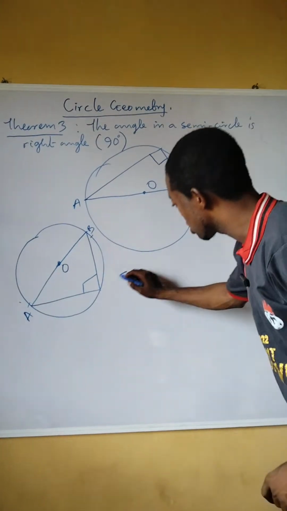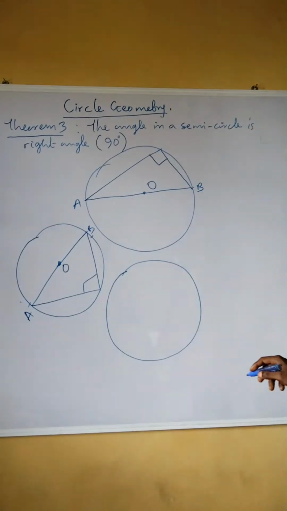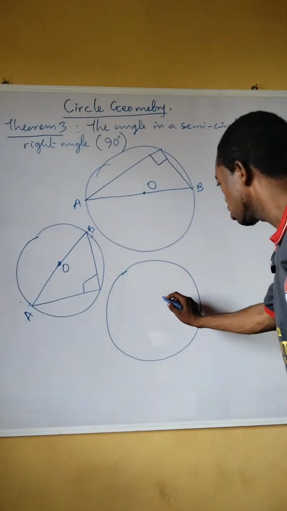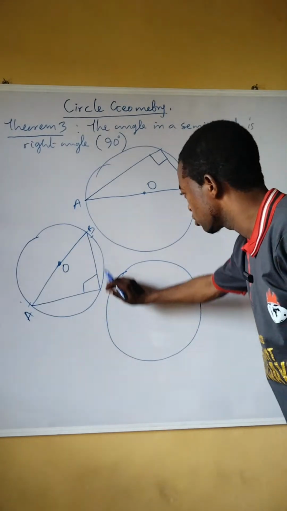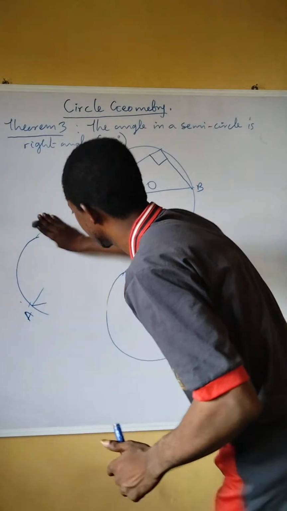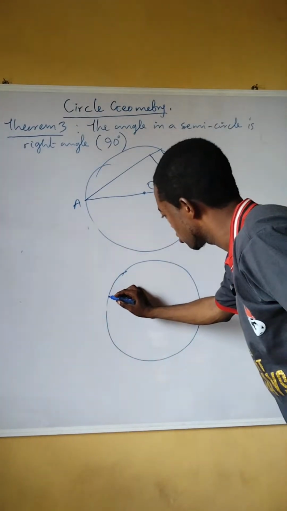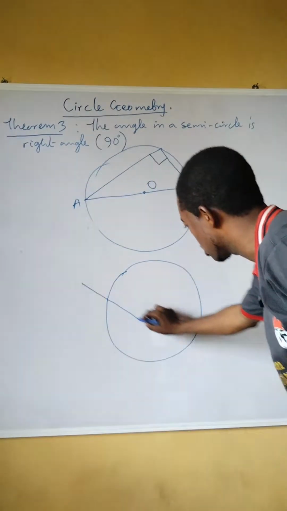Now consider this triangle inside the circle. Something like this is drawn. Let's look at the application so that we will see what we are talking about. Let's consider this question here.